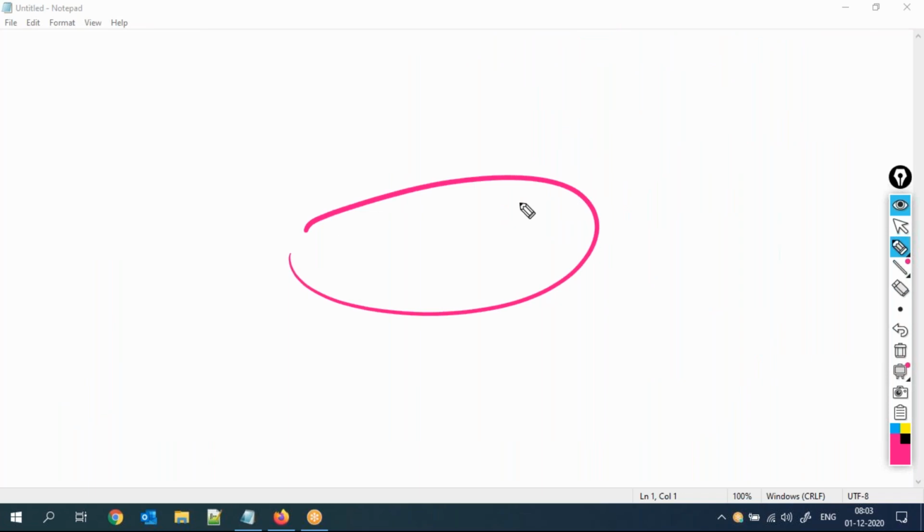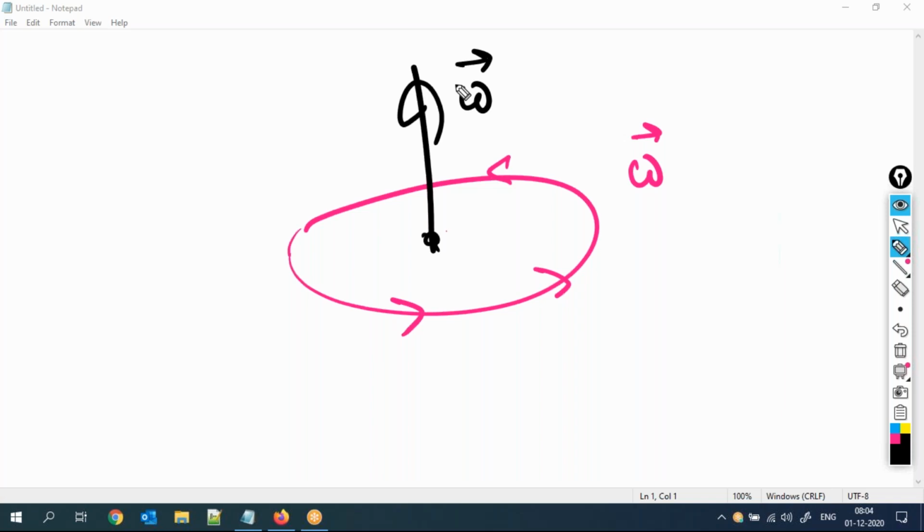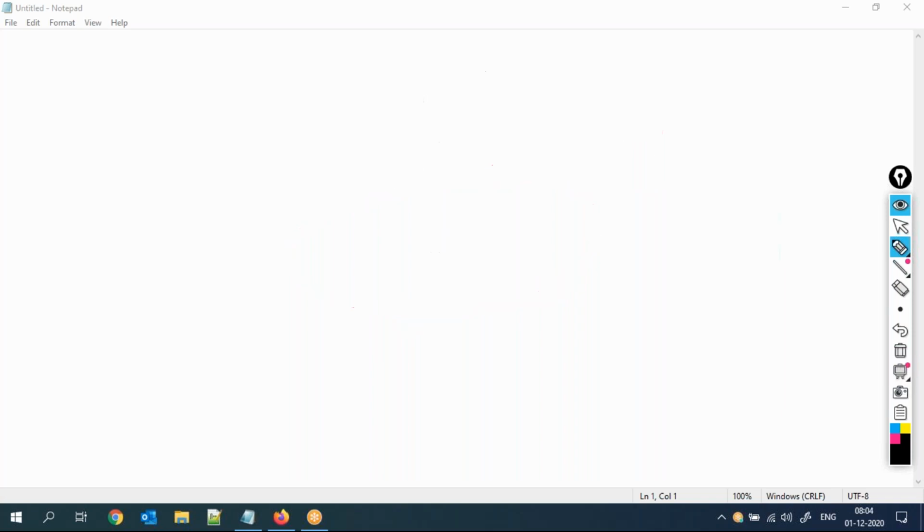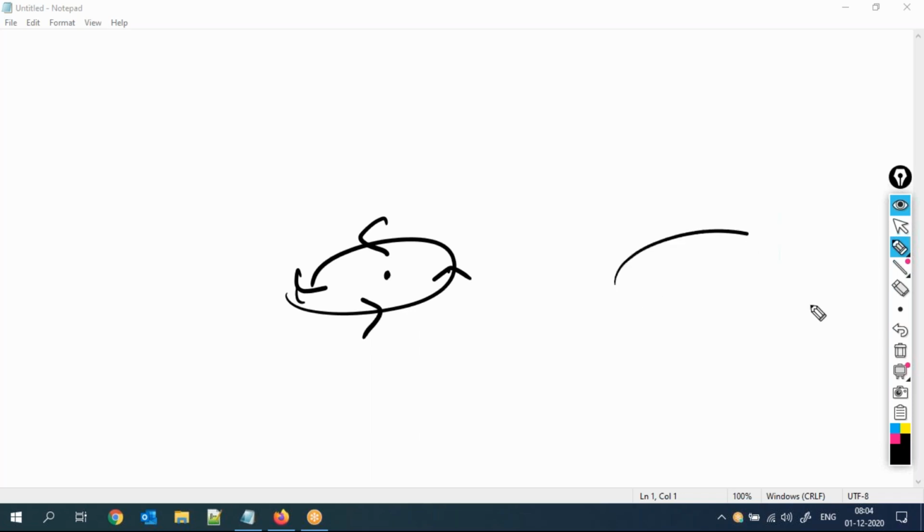So if something is moving in this direction, if omega is like this, what is direction of omega in XYZ? Any idea? If something is moving in this direction, along this, what is angle?